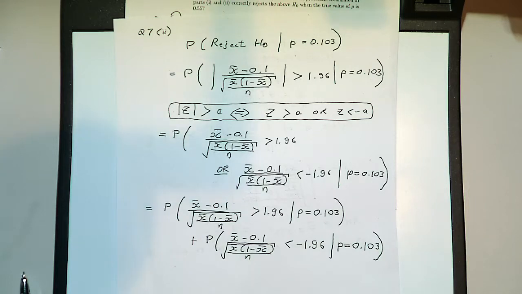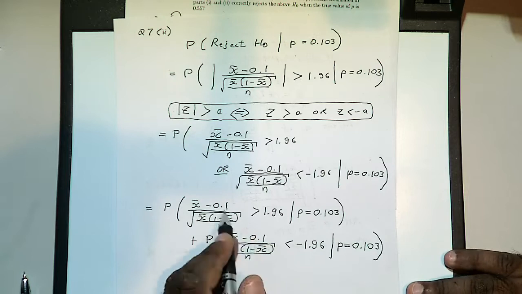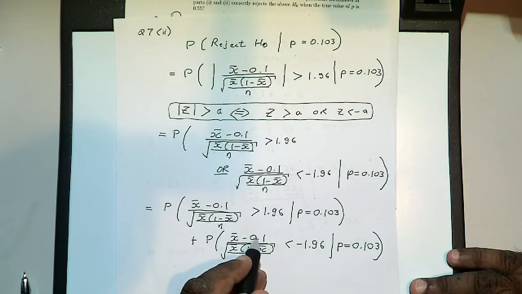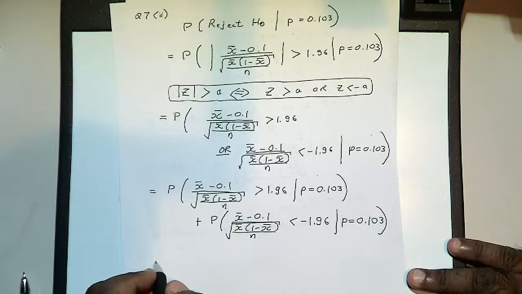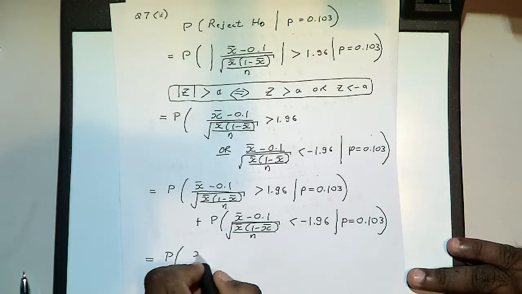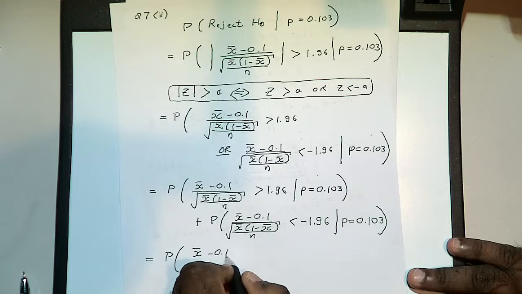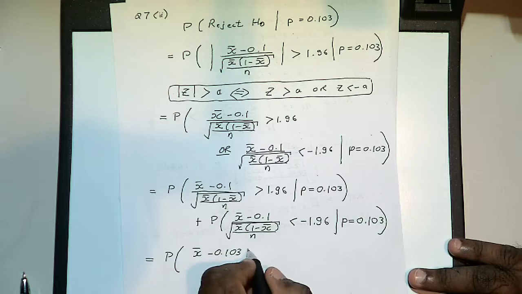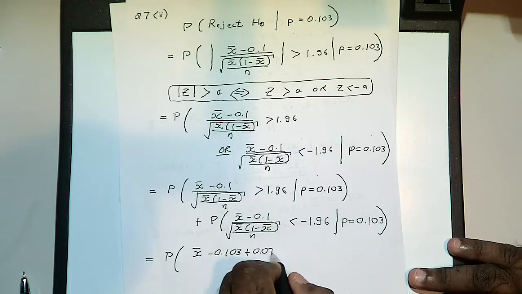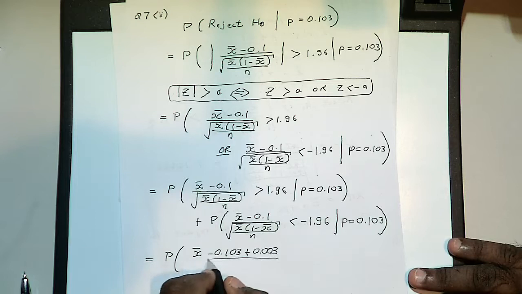So we need to change these two values here to 0.103. I know it's kind of long, but I hope you are patient with me. I'm going to change this to this, and because of that, I need to add 0.03 to make it up.